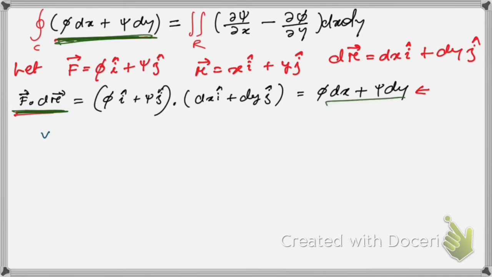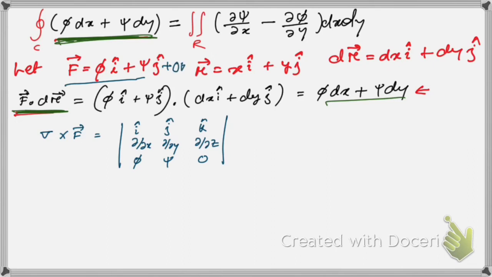Now if you find the curl of vector F, then you will get this. As there is no z component here, we have taken the k component as 0. We can consider F equal to phi i cap, psi j cap, 0 k cap.